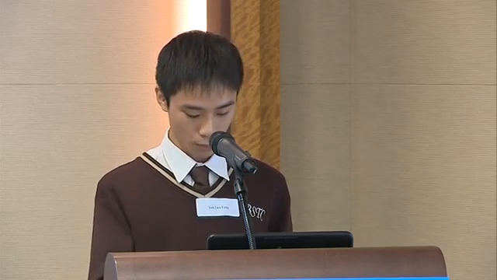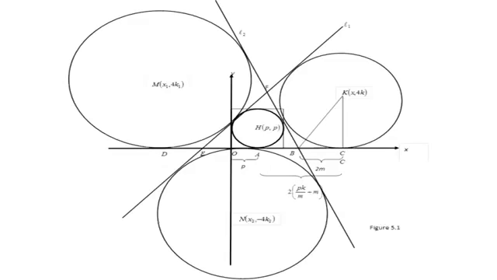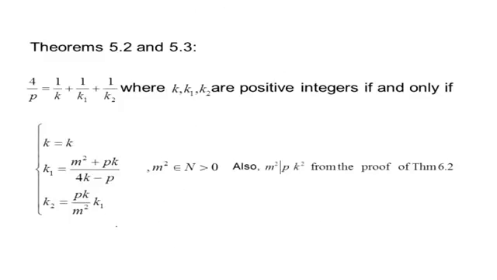We put this relationship onto a coordinate plane with P as the radius of the inscribed circle, assuming that K is smaller than or equal to K1 and K1 is smaller than or equal to K2. Using geometric tools, the perpendicular distance formula, and the half angle formula of tangent, we can express K1 and K2 in terms of M, P, K, which is theorem 5.2 and 5.3.